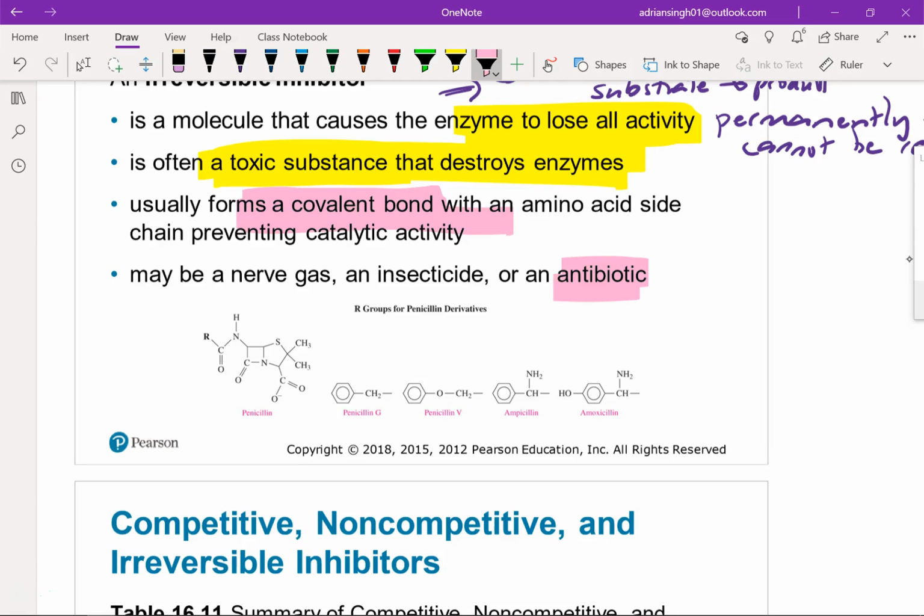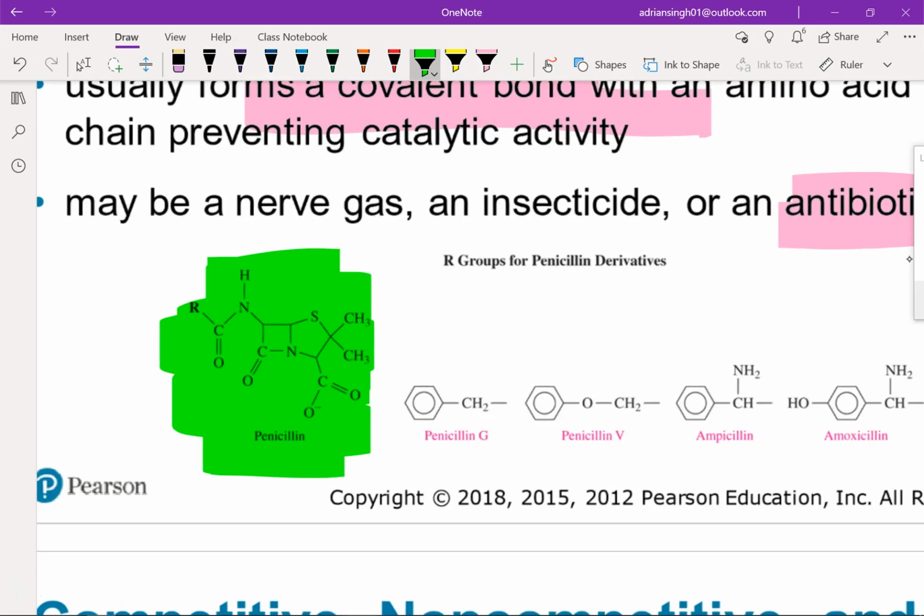And probably one of the more common ones that you may be aware of are penicillin antibiotics and different types of penicillins. So this is the basic structure for a penicillin molecule. Usually your drugs that end in cillins are all based on this structure. The difference between them is what this R group is.